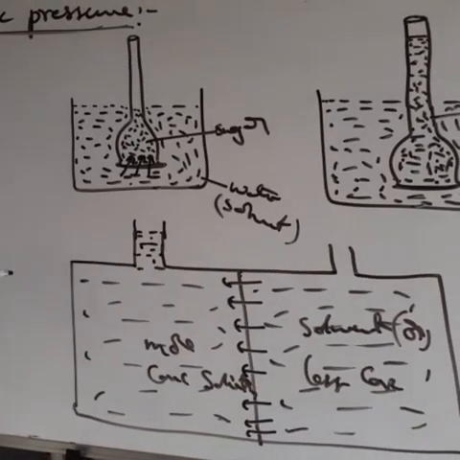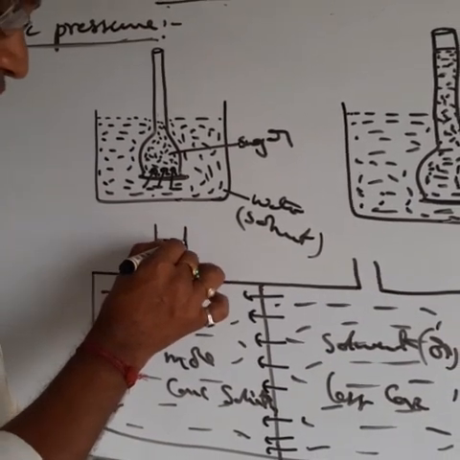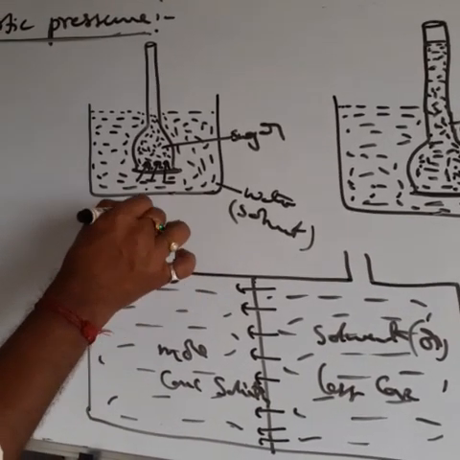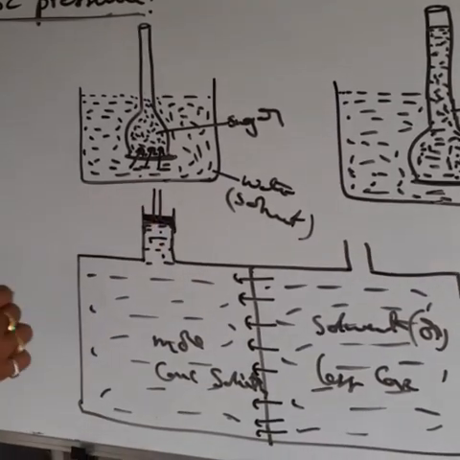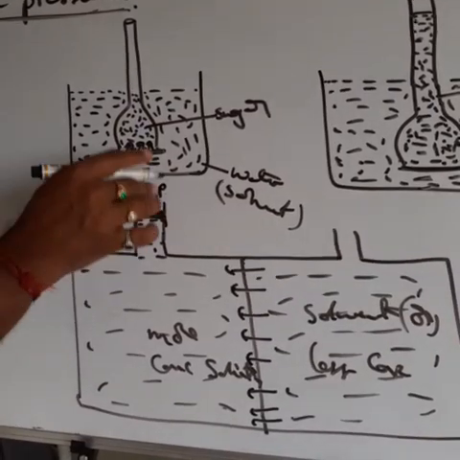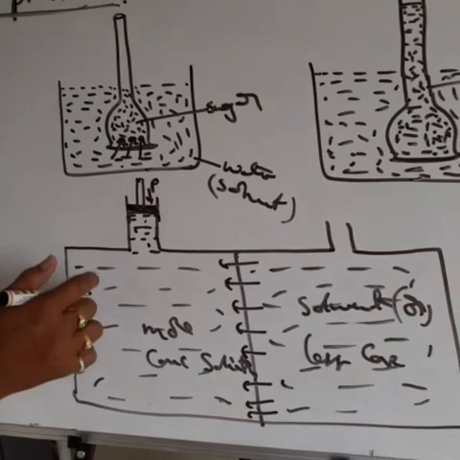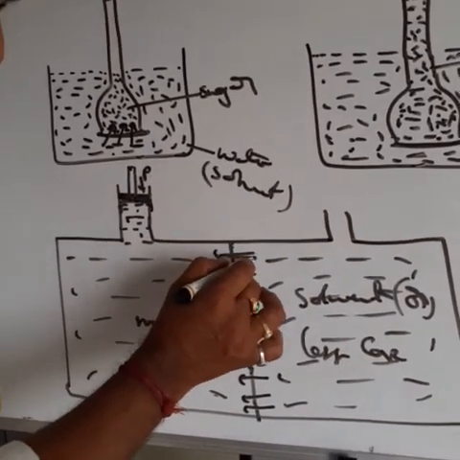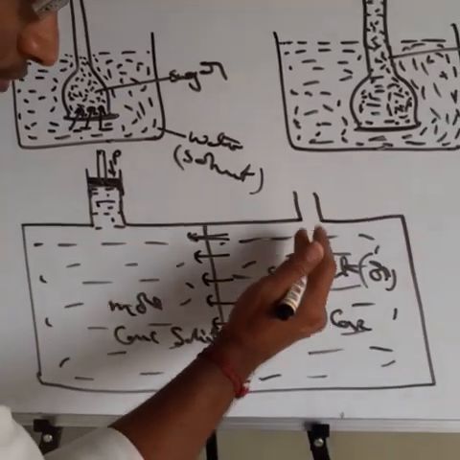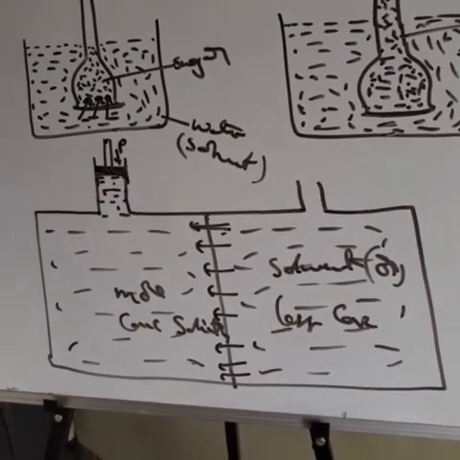What about the osmotic pressure? Osmotic pressure means a pressure more than osmosis. Here I am taking a frictionless piston. Here pressure more than osmosis is applied on the solution side. Whenever the pressure is applied on the solution side, the flow of solvent molecules is stopped. That means, in order to stop the flow of solvent particles from the solvent to the solution, or from less concentration to more concentration, that phenomenon is called osmotic pressure.